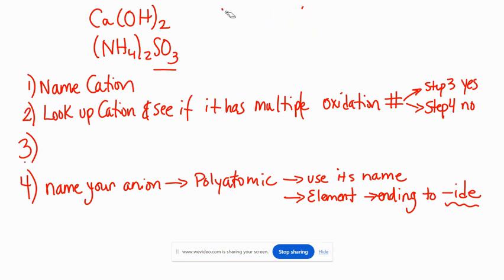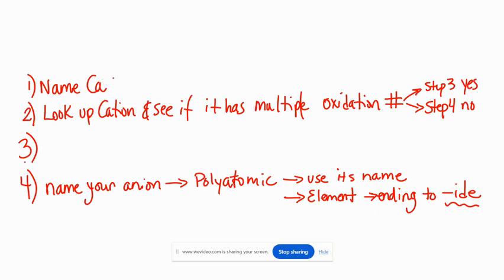Find copper on your periodic table. It is number 29. When you find copper on your paper, so this is CuCl2. Copper looks like this.